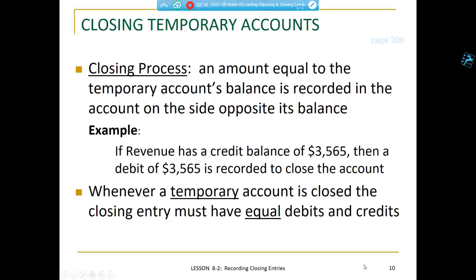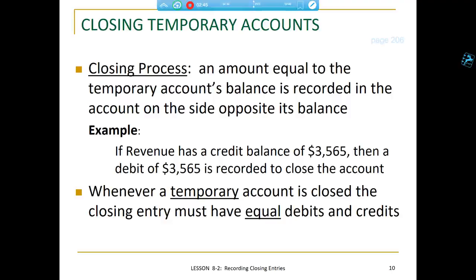So the closing process is really where we take an amount that is equal to the temporary account's balance at that point in time, and we record that balance on the opposite side of its normal side balance to close it out to zero. So whatever the balance was, if we put the balance on the opposite side, then that brings the balance down to zero.